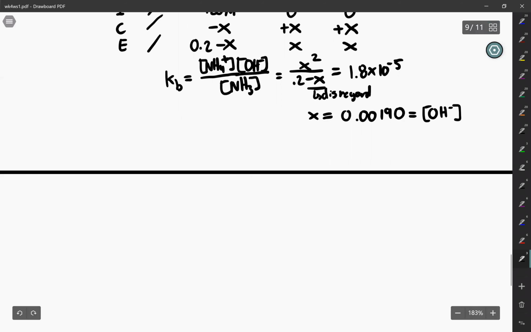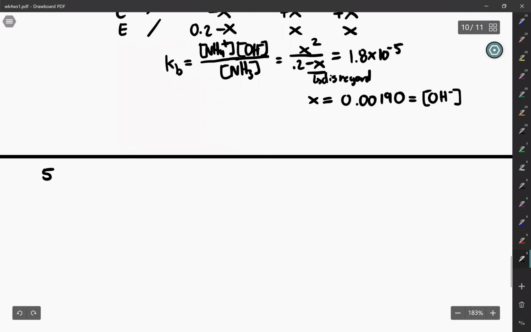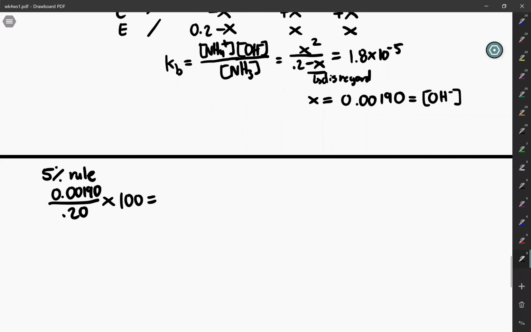Again, I can show that this is appropriate by using the 5% rule. So that would be this concentration of x, 0.0019 over 0.20, our initial concentration, multiplied by 100, which gives us a value of 0.95%, which is smaller than 5, so we're able to use this rule.